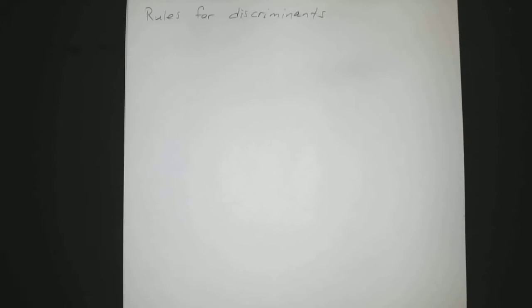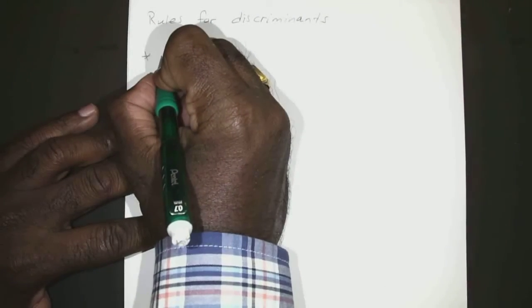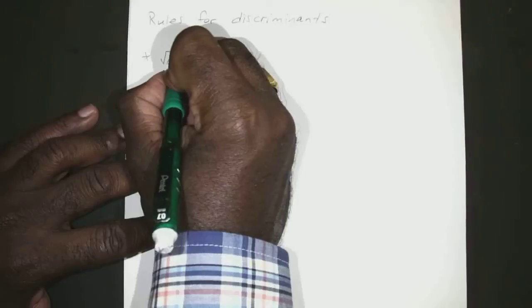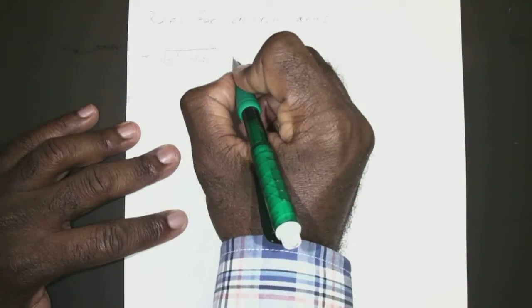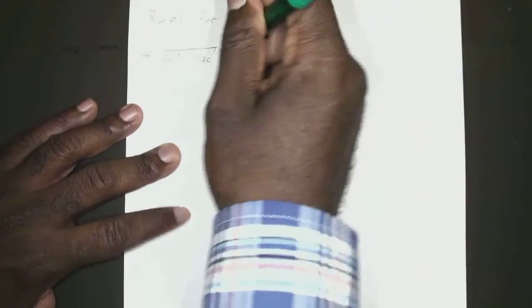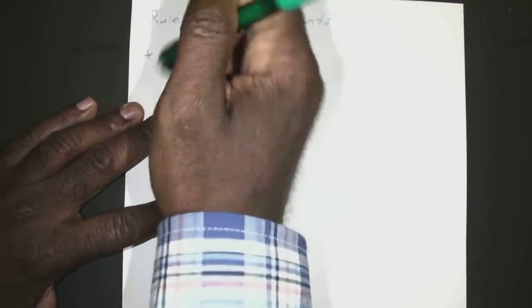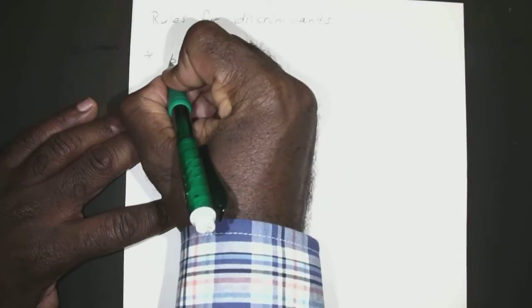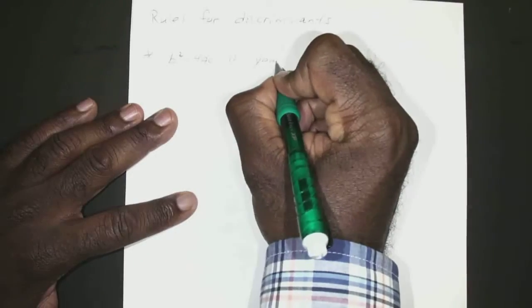Okay, and your discriminant, the square root of b squared minus 4ac. I guess you could say just the b squared. You don't really need the square root. Okay, so b squared minus 4ac is your discriminant.